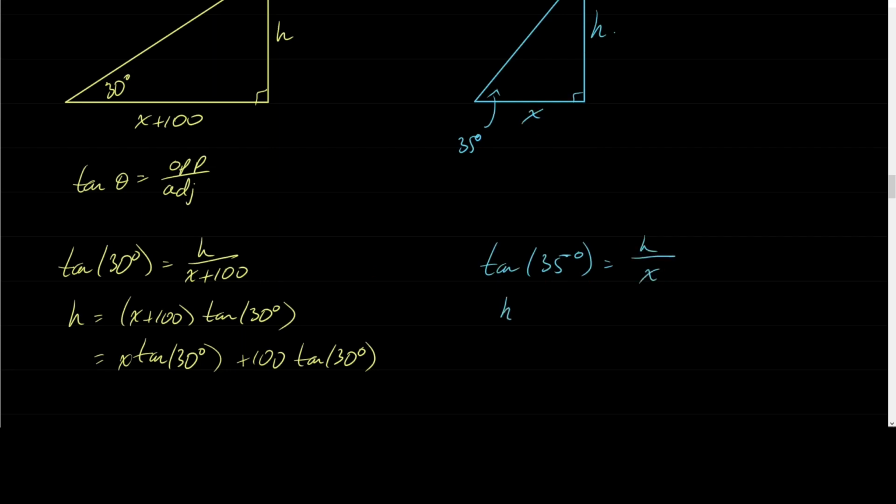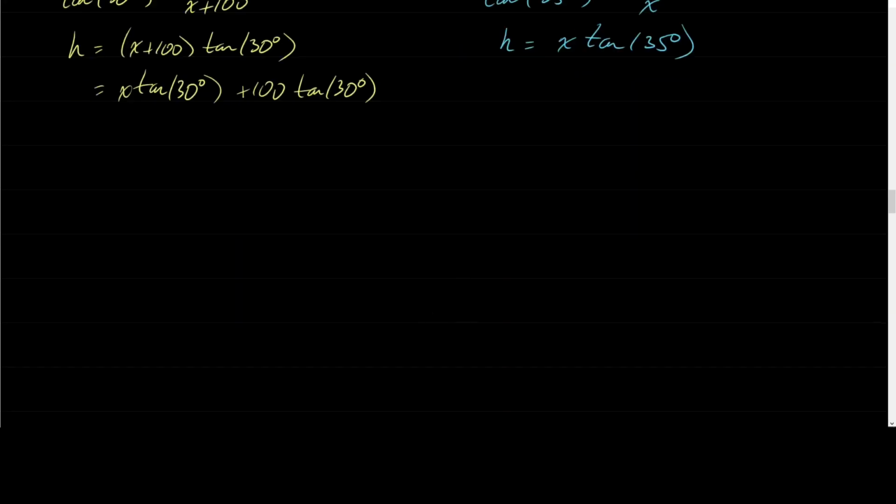In other words, h is equal to just x times tan of 35. So what is this going to give us? Well, I've got h being equal to this statement and h being equal to that statement. So I can set these two equal to each other to solve for x. Once I've got x, I can plug it into either of these equations to figure out h. So let's go ahead and solve for x.